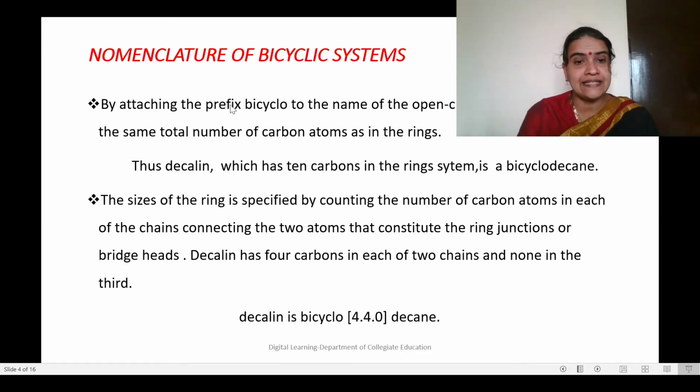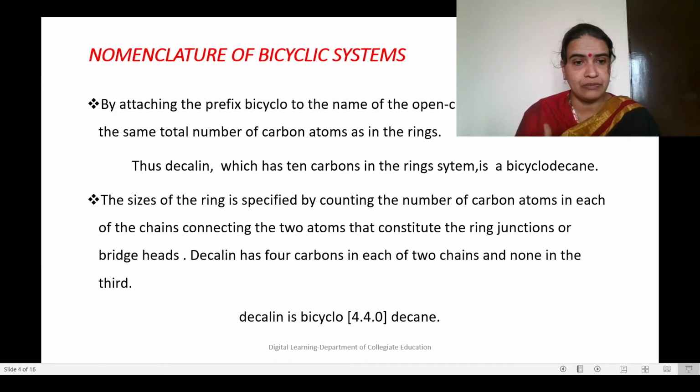So by attaching the prefix bicyclo to the name of the open chain hydrocarbon with the same total number of carbon atoms as in the ring. So simple way, again we can write it as bicyclodecane, because there are two rings, two cycles. Then again the name is not complete because we have not mentioned how many carbons are there in each ring.